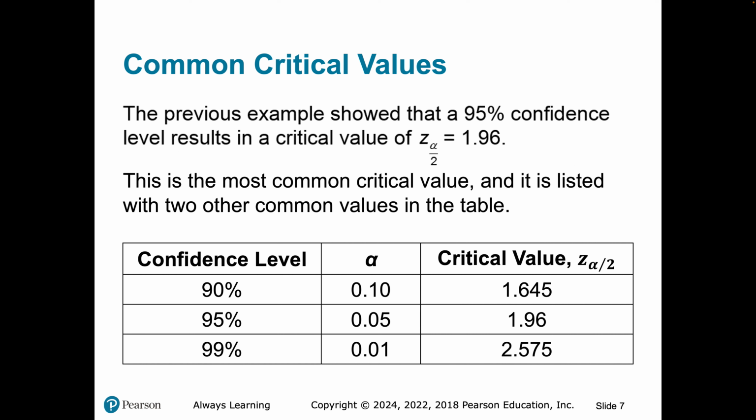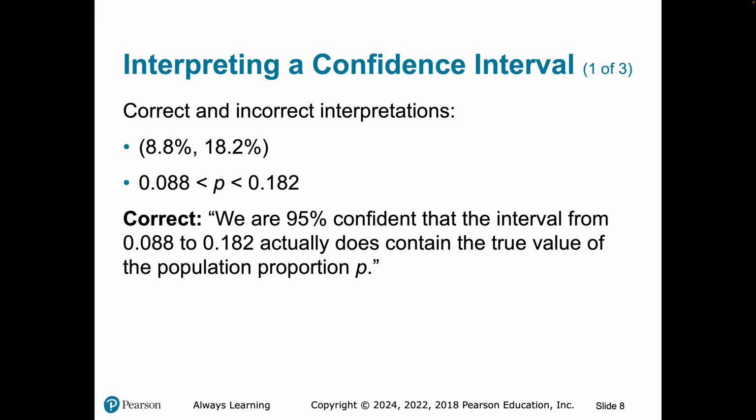But three of the common values are the 90%, 95%, and 99%. So we have something called an alpha level, which we'll get into later in hypothesis testing, and then we have the critical values. But for the most part, for this particular type of test, I want you to know that the critical value for a 95% confidence interval is 1.96.